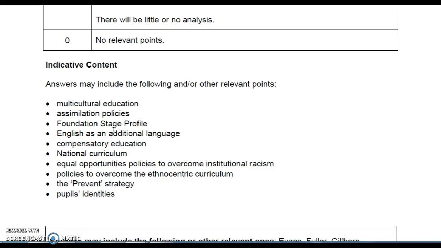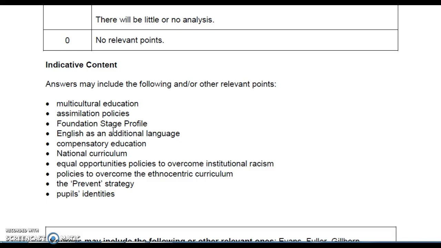This next one, the foundation stage profile, was Gillborn's research, and he looked at the assessment game and how it was rigged, and that the rules changed to engineer failure. Basically this policy was based on baseline assessments, which were done originally at the beginning of the school year, but this was replaced with the foundation stage profile, and the result of this change was that overnight black students now appeared to be doing worse than white students.